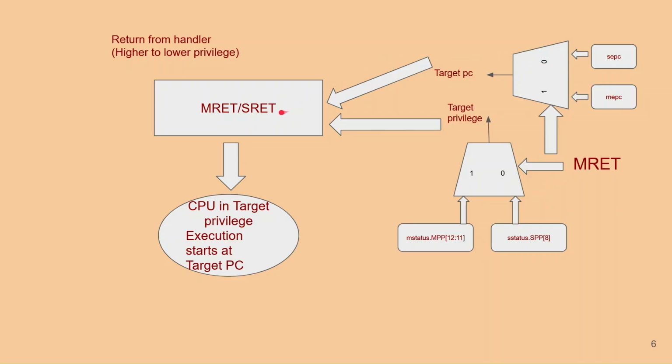The trap return instruction now loads this value into the architectural PC so that the execution can resume exactly at the same instruction boundary where the trap occurred. Once the target privilege level and the target PC have been restored, the CPU simply changes the current privilege level to the target privilege level and the execution continues at the target PC.